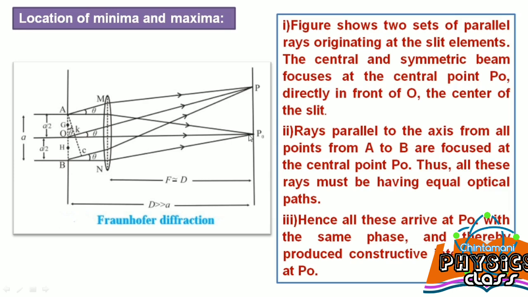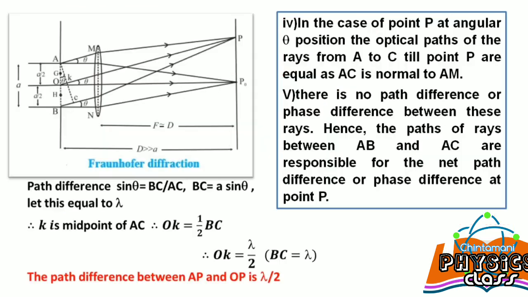Thus, all the rays have equal optical path. Hence, all these arrive at point P0 with the same phase and thereby produce constructive interference at the point P0. This is also called the central maximum. The intensity of light is maximum at the point P0.